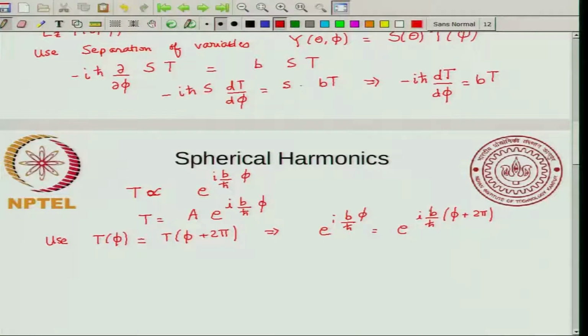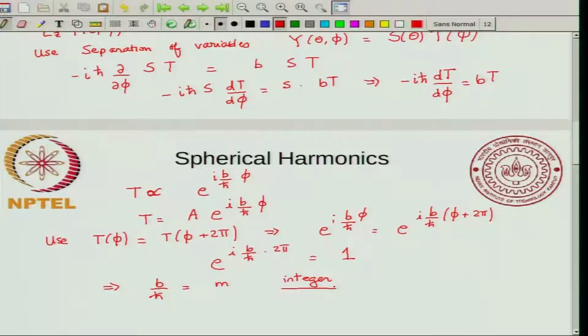If you cancel the e to the i b phi by h bar, you get e to the i b by h bar into 2 pi is equal to 1. You know that if b by h bar was an integer, then e to the 2 pi i into any integer is 1. So this implies that b by h bar equal to m, an integer. m has to be an integer.